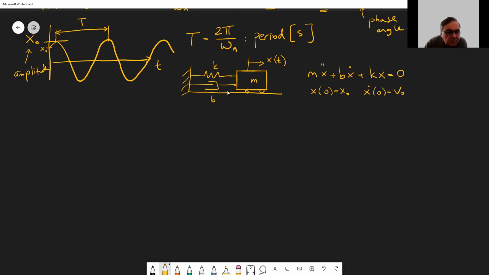This equation can be converted to x double dot plus 2 zeta omega n x dot plus omega n squared x equals 0, okay?